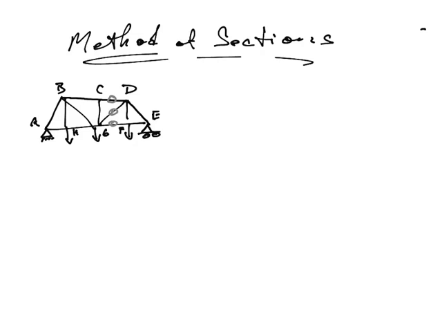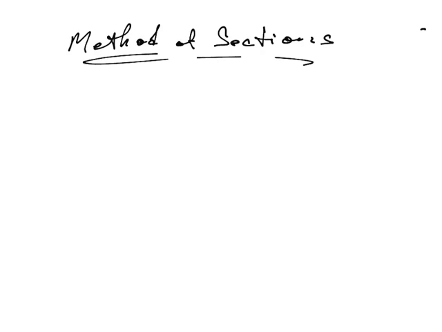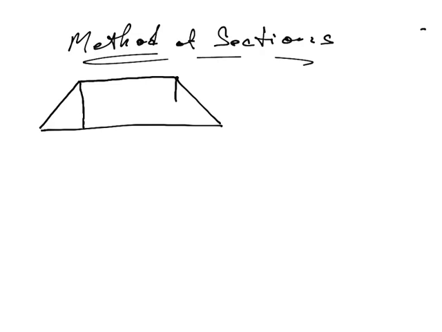So let's say, I'll go ahead and erase this and make a better version of this particular truss. Let's say we have this truss, for instance. Here it is. Here's our truss. Okay, and we have it look like this. Here we have our pin support.